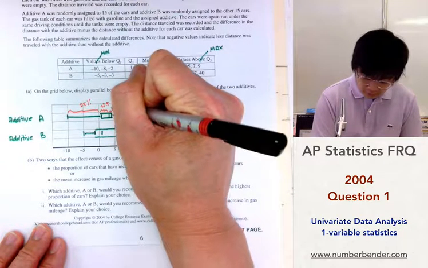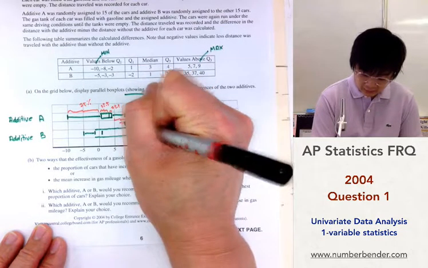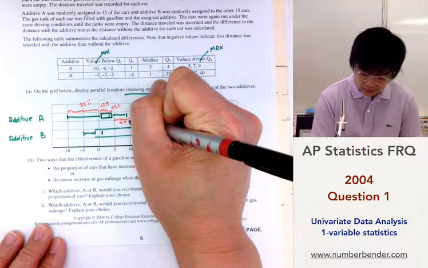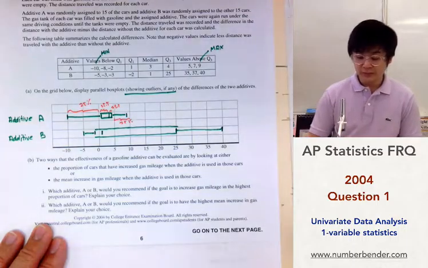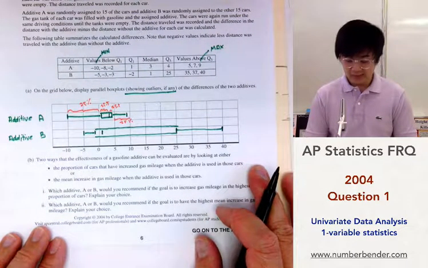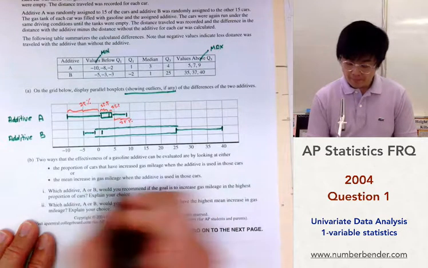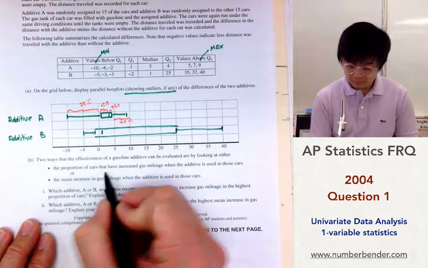The other 25% is over here, and the lower tail is the last quarter of our percentages of cars that used additive A.